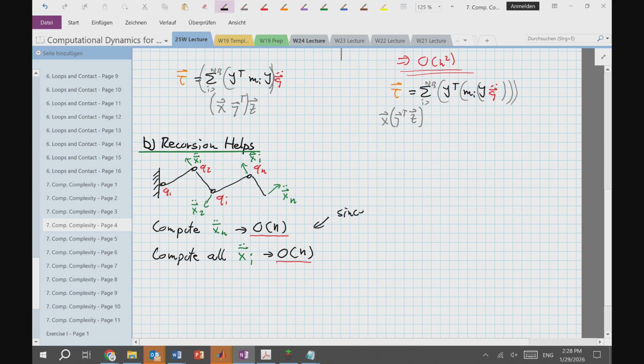Since we need to first compute x1 double dot, x2 double dot, xi double dot, and so on. And that directly implies that if I want to compute all accelerations, I actually have done this. All I have to do is basically reuse these results or store these intermediate results.